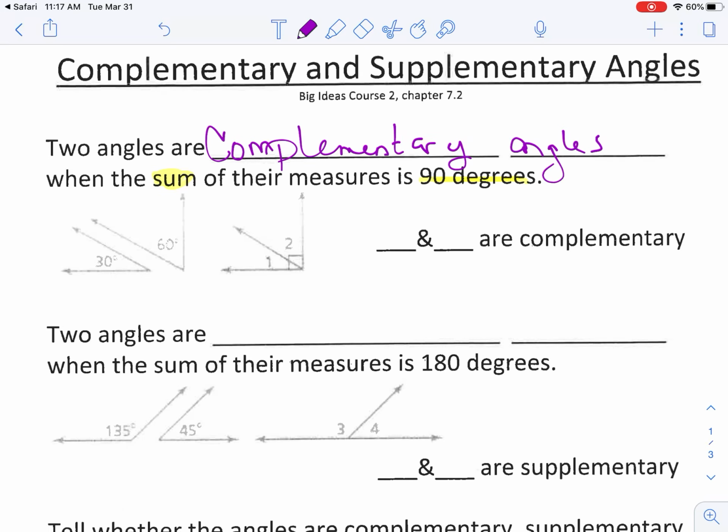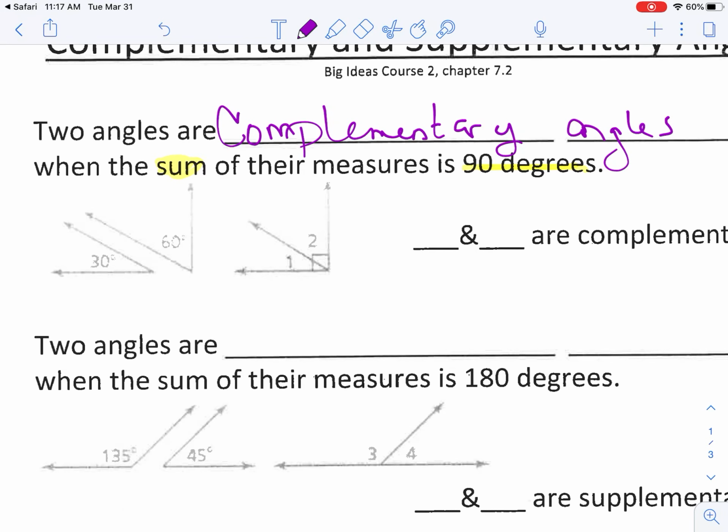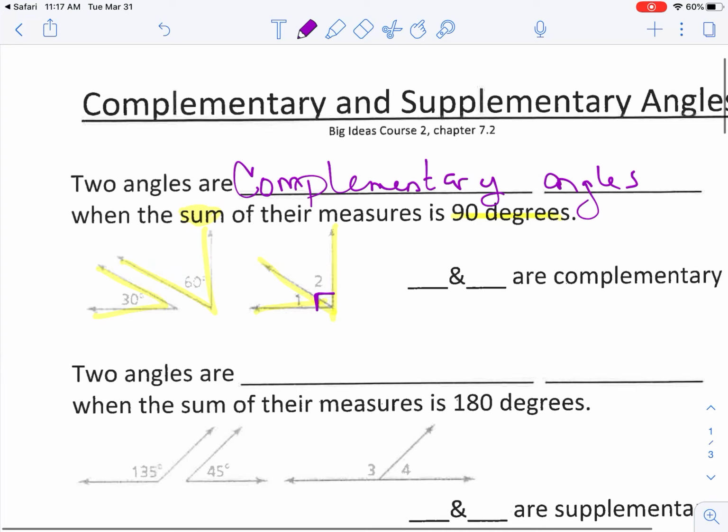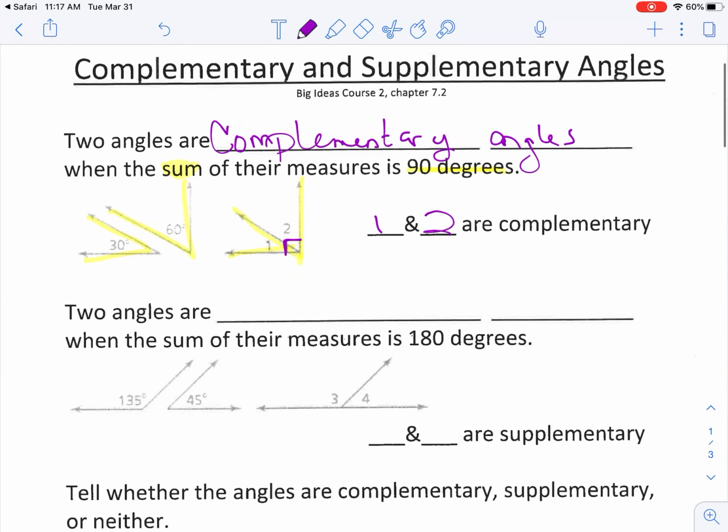I'm assuming most of you already knew that. If you look at these angles, the examples here, 30 plus 60 is 90. So those would be complementary. Also, it tells us this is a right angle, which is 90 degrees. So we can say that angle 1 and angle 2 are complementary.